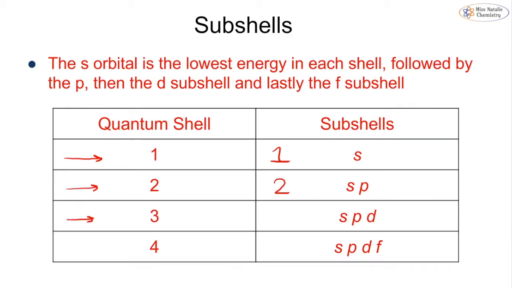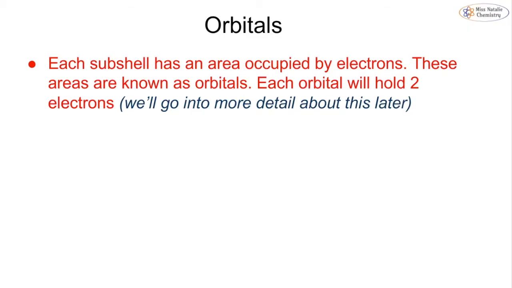The third will contain 3, and the fourth will contain 4. Quantum shells 5, 6, and 7 will also contain these 4 subshells, just larger. Now, you're not required to know much about the F subshell, just simply that it exists and how many electrons it can hold. And we will discuss more about the D subshell later on in A level. We're going to put most of our focus on the S and the P at the moment.